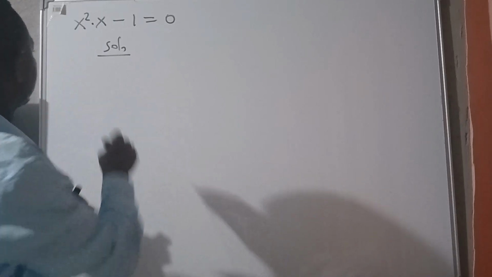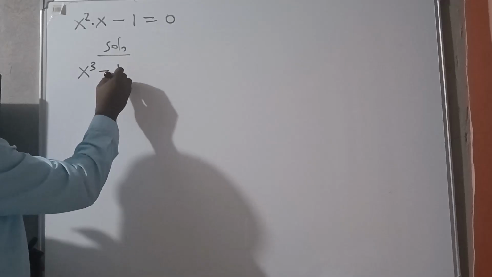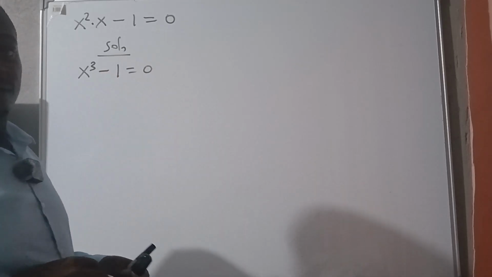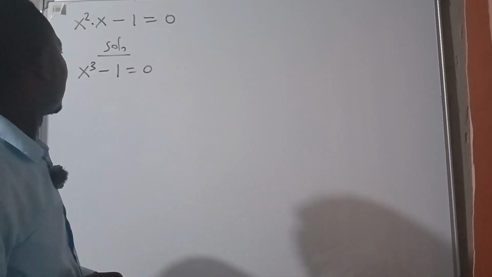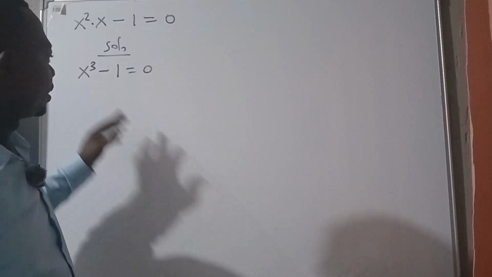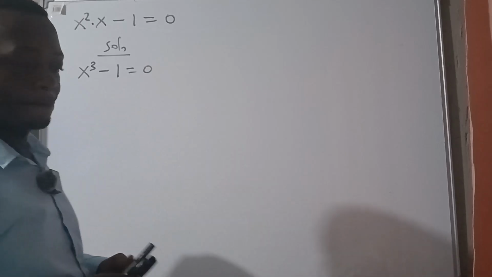So we have x cubed minus 1 equal to 0. So how do we solve for x? And because this side is minus, I would like to go by the difference of cubes.